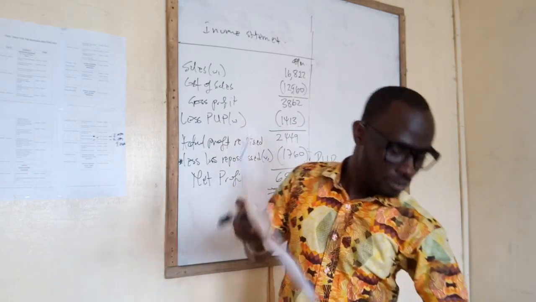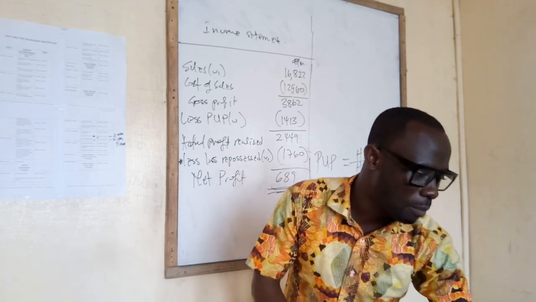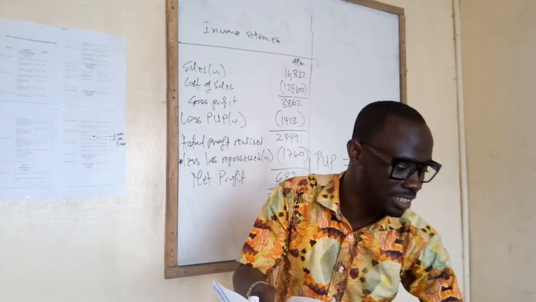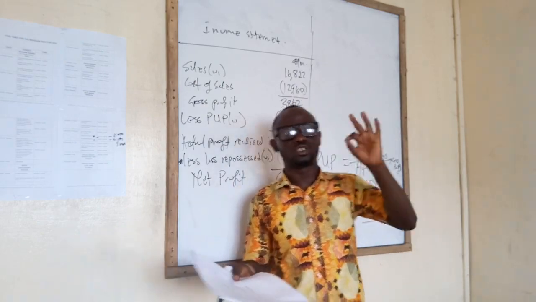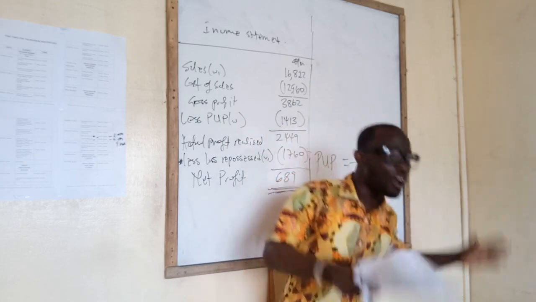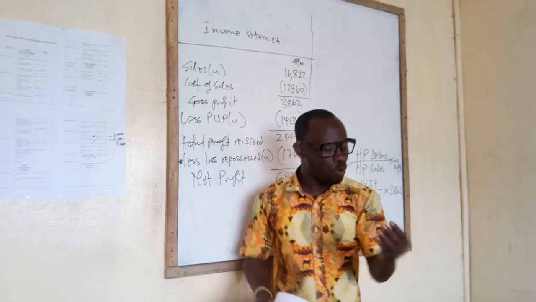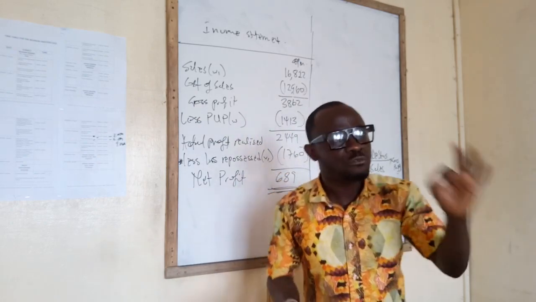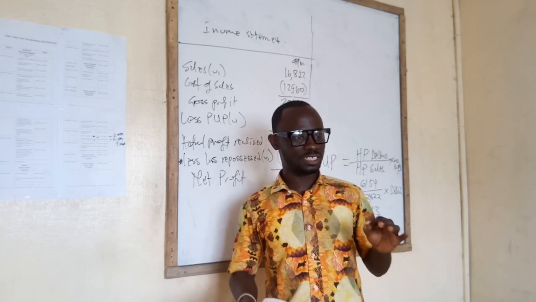Relevance and what? Reliability. Right. So under relevance is where we talk about the nature and then the materiality. Then under reliability is where information is said to be reliable, or the financial statement is reliable, when it is free from what? Errors and bias. Then under reliability, there are four things: faithful representation, completeness, neutrality, and prudence.